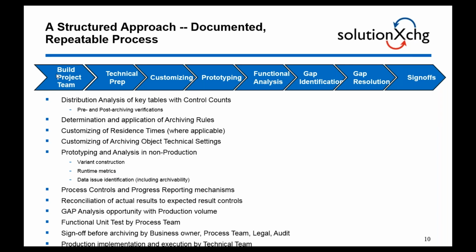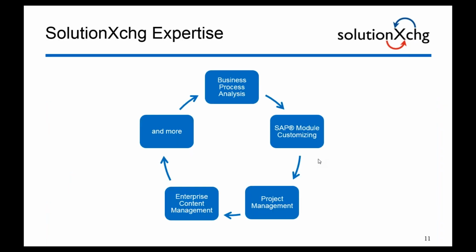Functional analysis, looking at your business processes, etc., identifying what retrieval methods you're going to require to read from the archive. And then really focusing on gap identification and gap resolution before sign off. So this is our structured approach. There's more to it than I explained, but it's all based on ensuring that there is limited impact after the data gets archived. And so we follow this consistently.